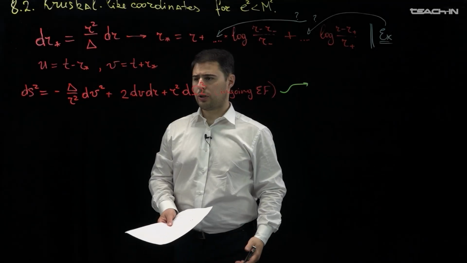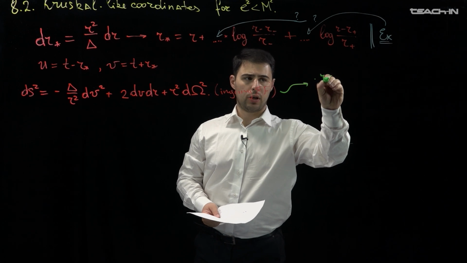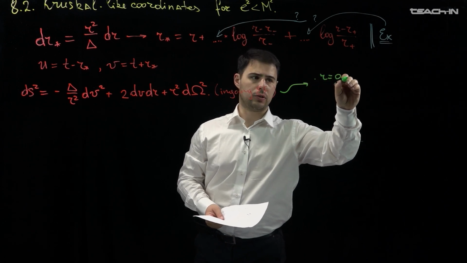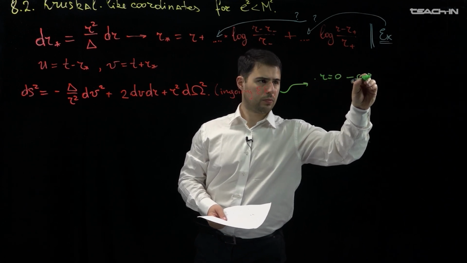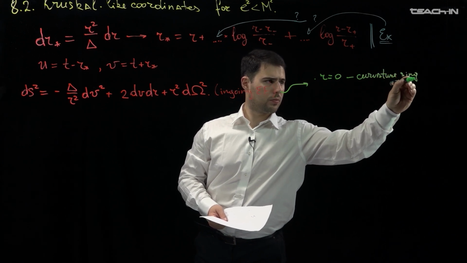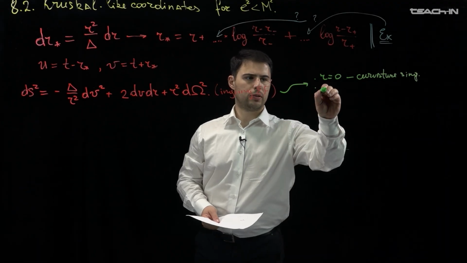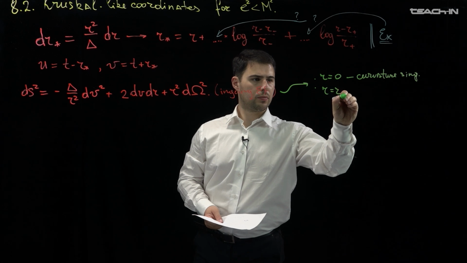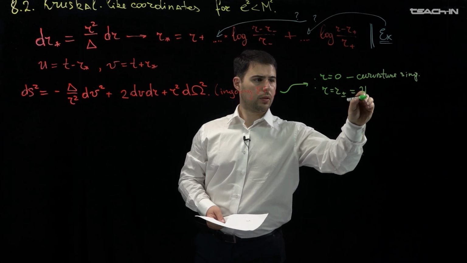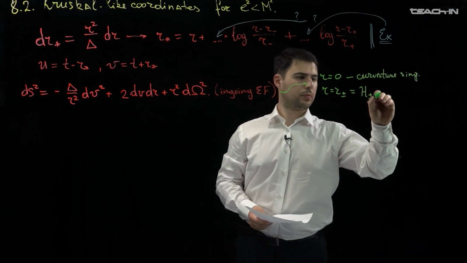So, which geometric properties can we see? First of all, r equals 0 is again a curvature singularity. Secondly, we see that the horizons are indeed null hypersurfaces.